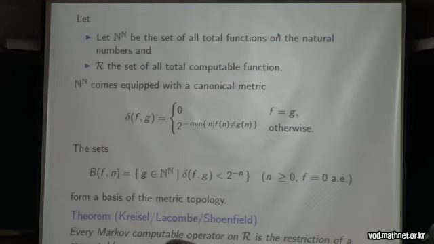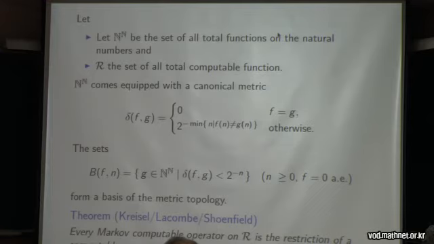And then we consider those maps that are 0 almost everywhere, very similar to the finite functions in the case of the partial maps. And we take then all total functions that have distance smaller than 2 to the minus n of such an f, and this gives us a collection of balls, and that is just the basis of the metric topology.